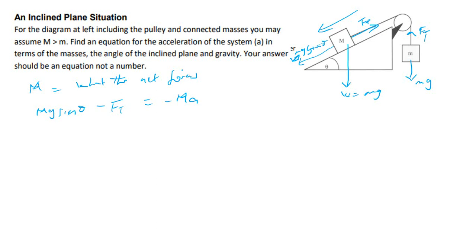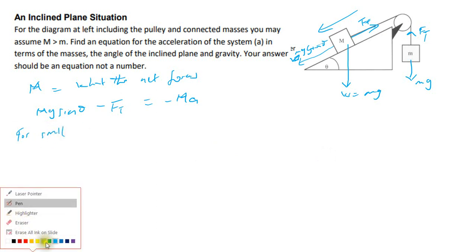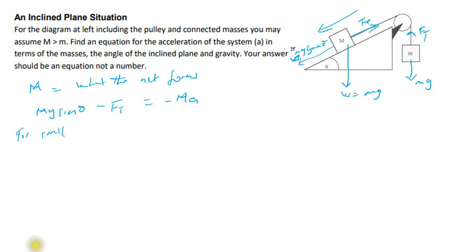Okay. Now let's see if we can talk about this some more. So we looked at that particular object. Let's look at small m. For small m, we now realize that the net force, because this small object is accelerating upwards like this, right?